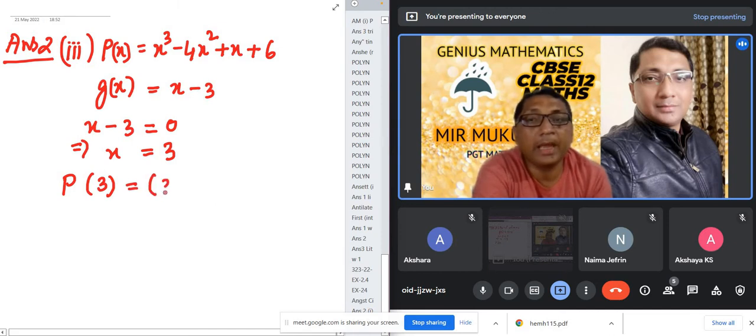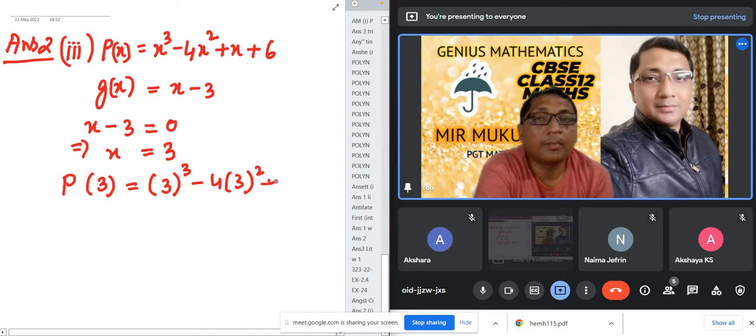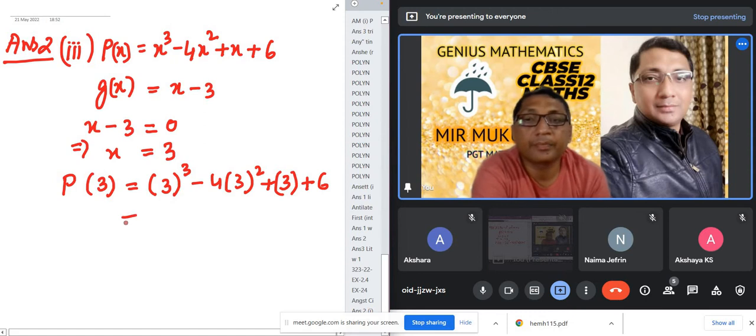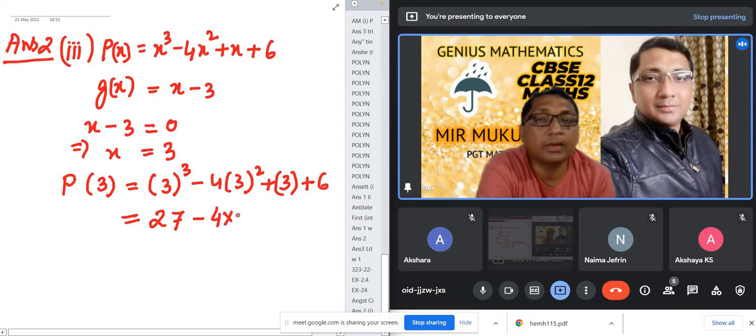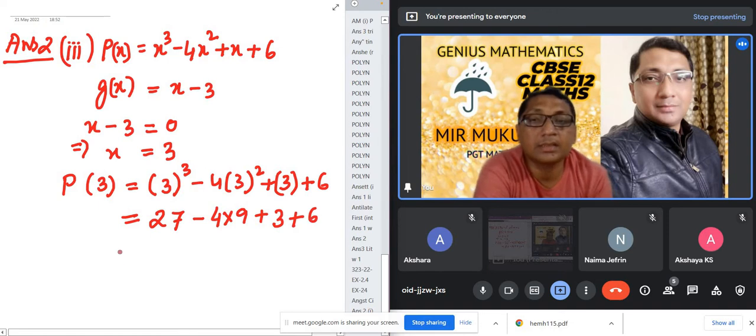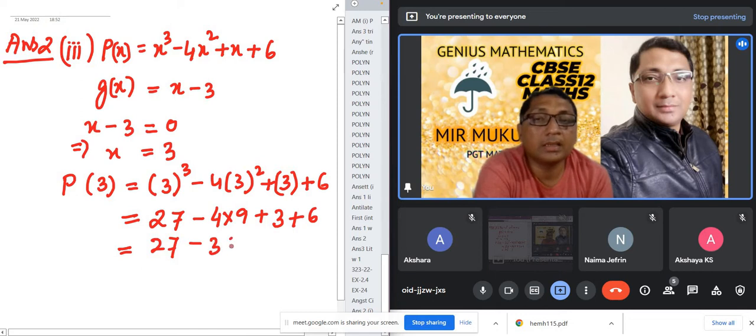So in place of x, you put 3: 3 cube minus 4 into 3 square plus 3 plus 6. Now 3 cube, how much? 27 minus 4 into 3 square, 9, plus 3 plus 6. So 27, 36, and 3 plus 6 is 9.